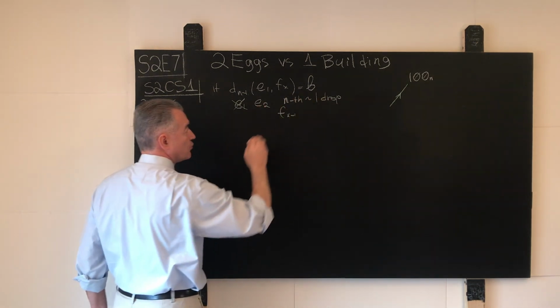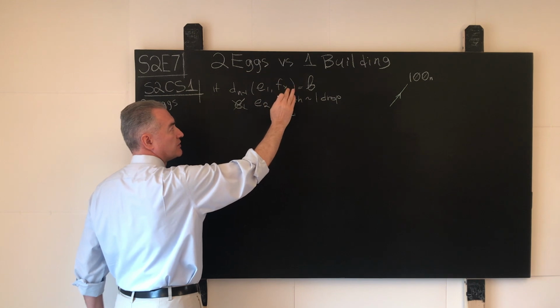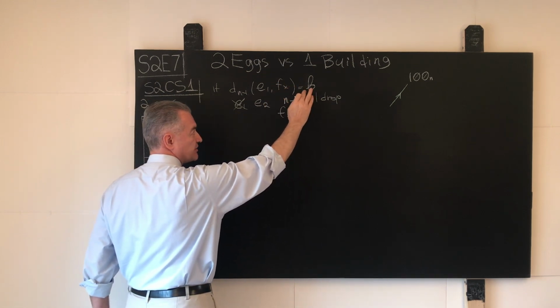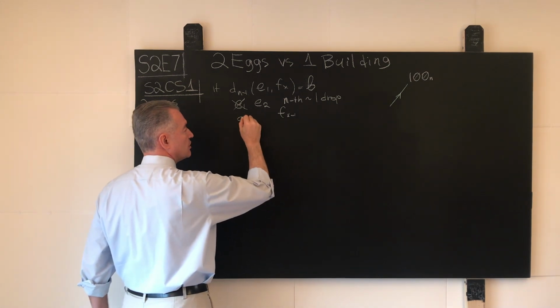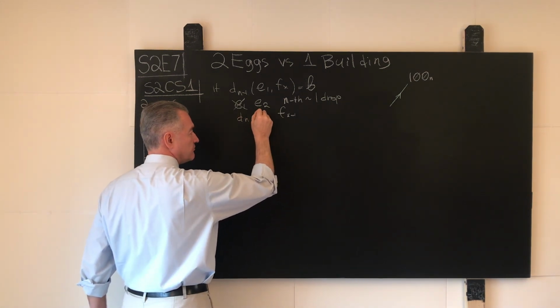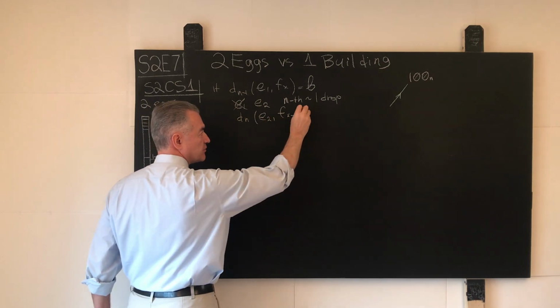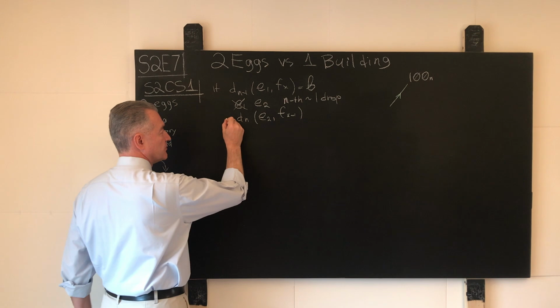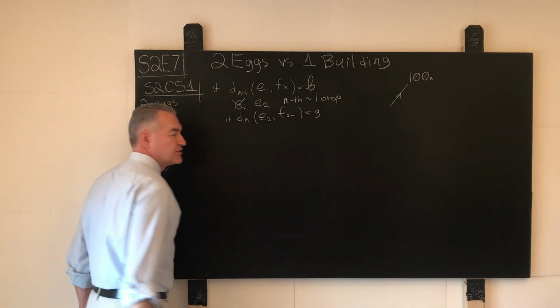And if the drop number n minus 1 of the egg 1 from the floor f sub x is bad, then we execute the drop number n of the egg number 2 from the floor f sub x minus 1. And if this drop is good, then what does that mean?